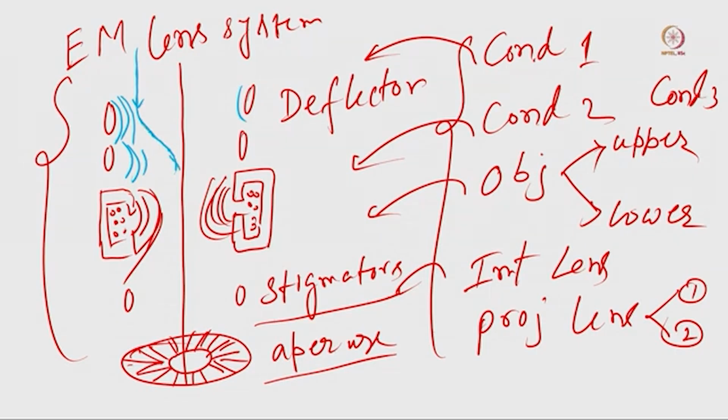It will come in this way and be pushed in this direction. So if there is a deviation of the electron beam in one direction, or if it is deviated from the optical axis, this deflector plays a very vital role in bringing the electron beam through the optical axis.